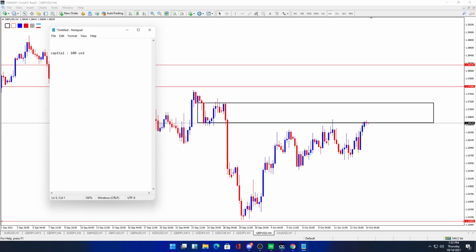So for every trade that I suggest, for every position, put 5% risk. 5% risk for every position.